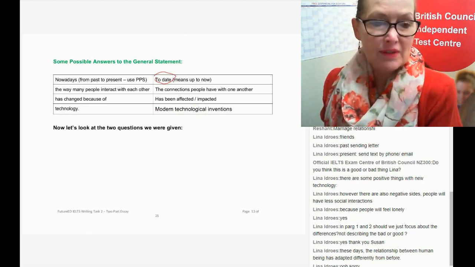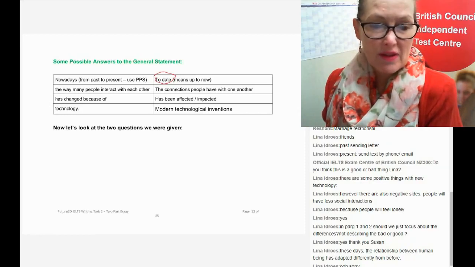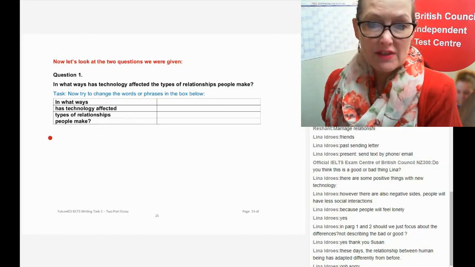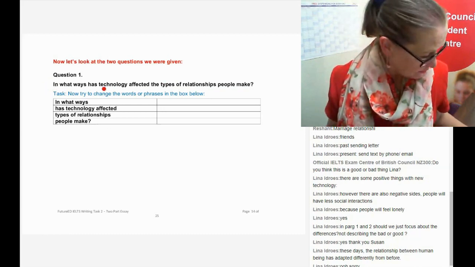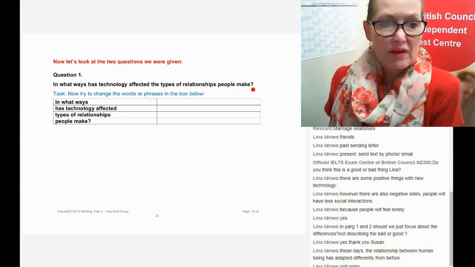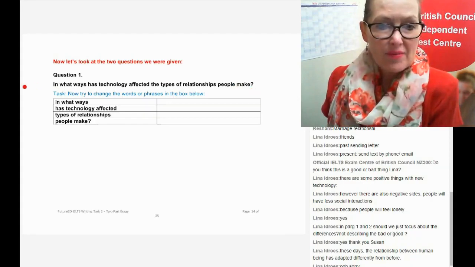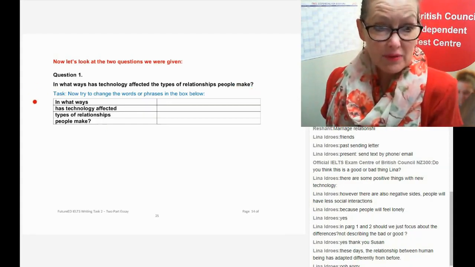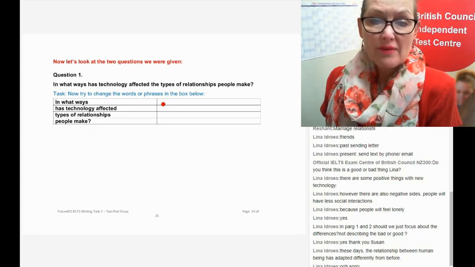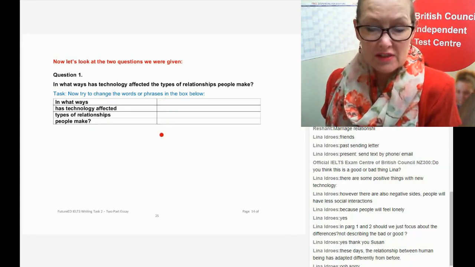Let's have a look at number 2, the way many people interact with each other. This is a useful little word, the way. Another way we could say that is the connections people have with one another. Phrase number 3, has changed because of. I could say has affected or has impacted on relationships.